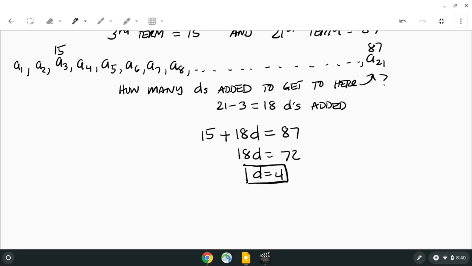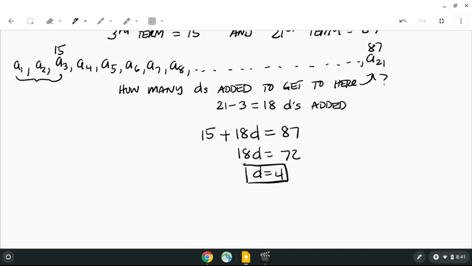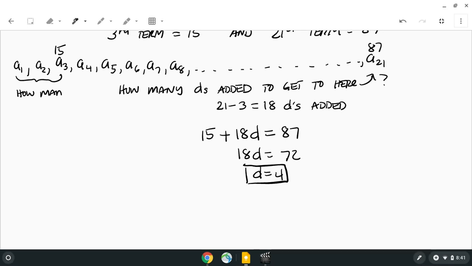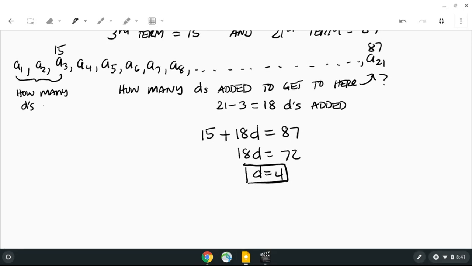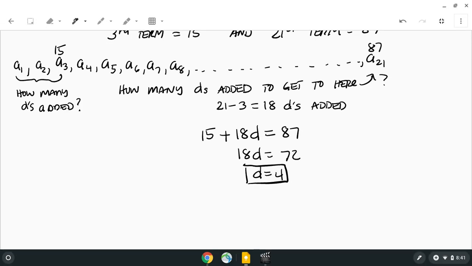That we did over here. Okay, so over here, we can say how many d's were added? We can see that's 2, right? 3 minus 1.